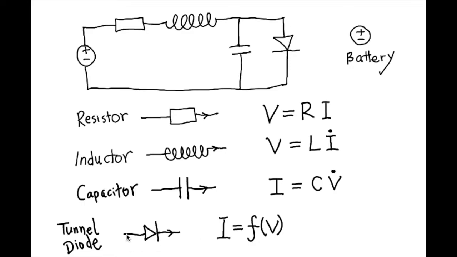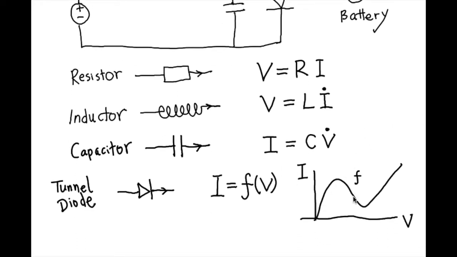When the current flows through the diode, the relationship between the current and the voltage decrease along the direction of the diode is given by this equation: I equals f of V. And f is not a linear function anymore. F looks something like this. This curve describes a tunnel diode, and when V is negative, the current I is just 0.